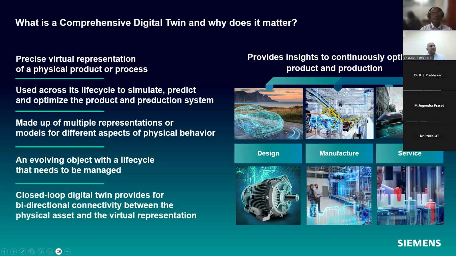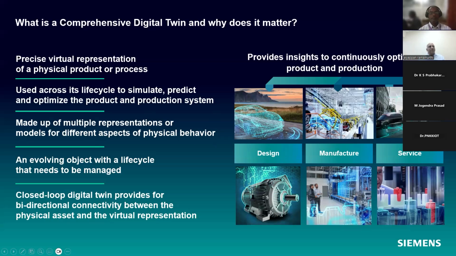Now, this twin is able to simulate, predict, and optimize both the product and the production system, as we saw earlier, and it has multiple representations to model different aspects of the physical behavior.